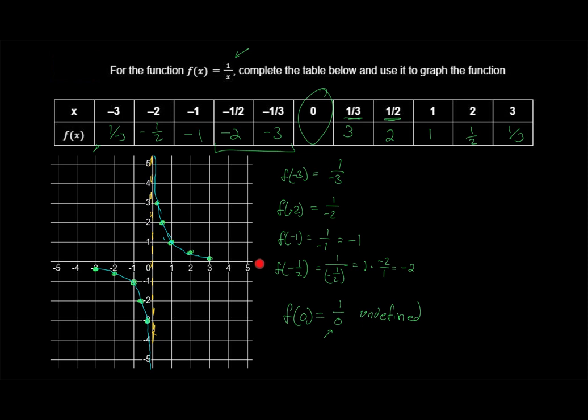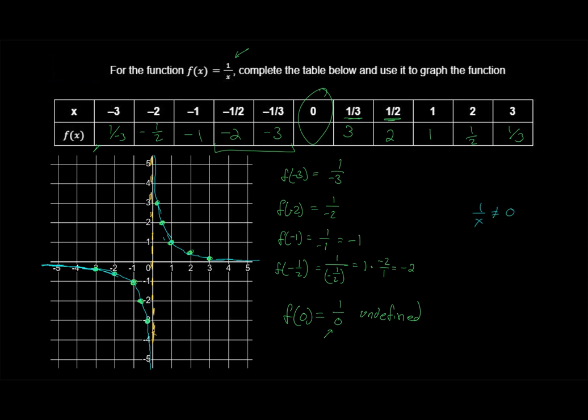You also see the same shape happening here. It's going to hug the x-axis horizontally and never actually reach it, due to another horizontal asymptote that runs along the x-axis, because this fraction, 1 over x, can never take on the value of 0.